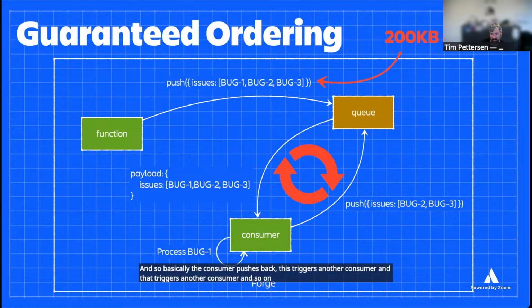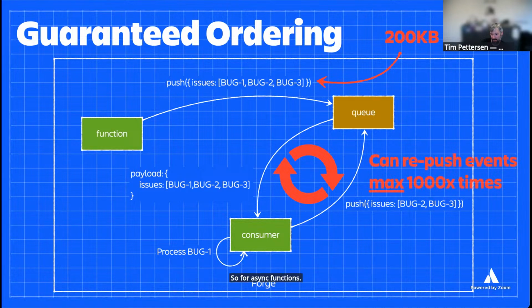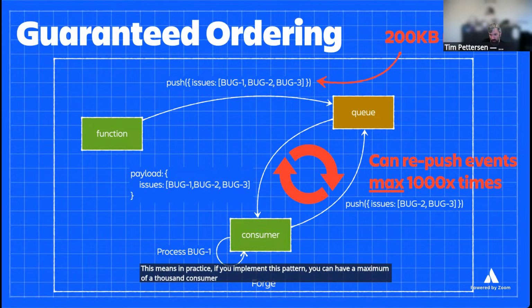Forge has a cyclic invocation breaker that prevents a runaway app from accidentally exhausting queue resources and taking down Forge. For async functions, we have a cyclic invocation depth limit of 1,000. So in practice, if you implement this pattern, you can have a maximum of 1,000 consumer invocations in that cycle before Forge will just stop.